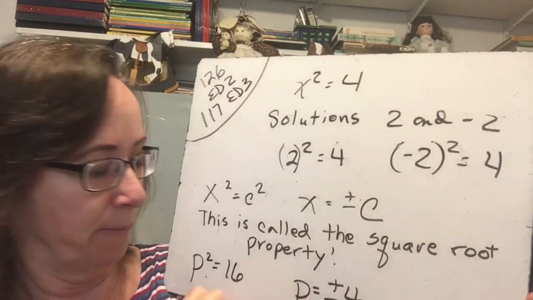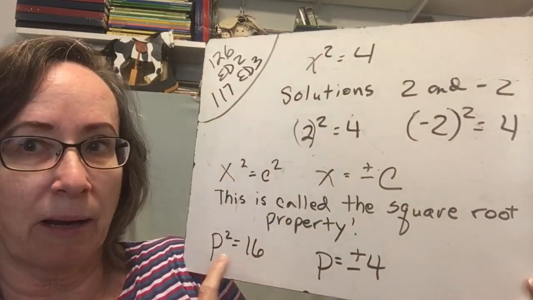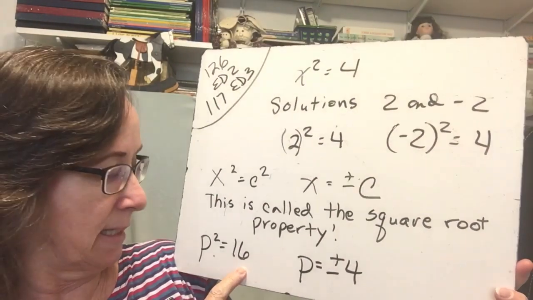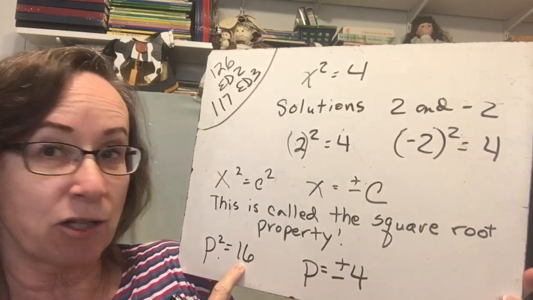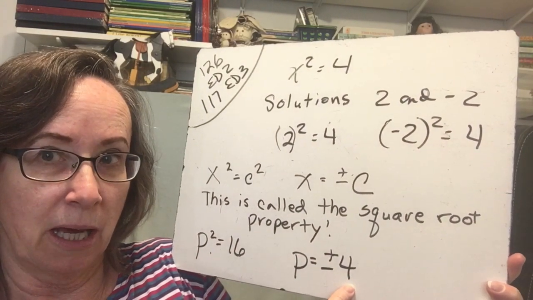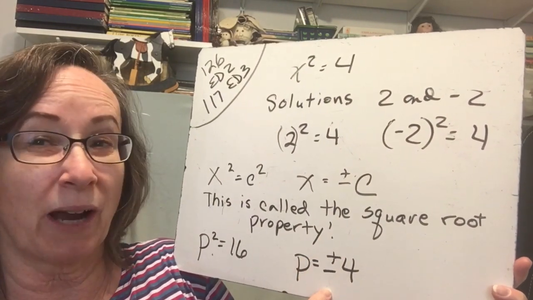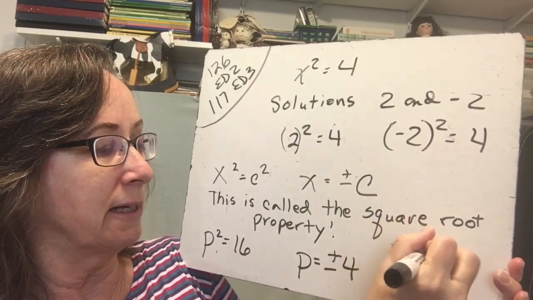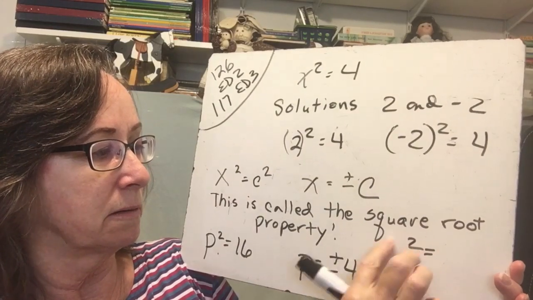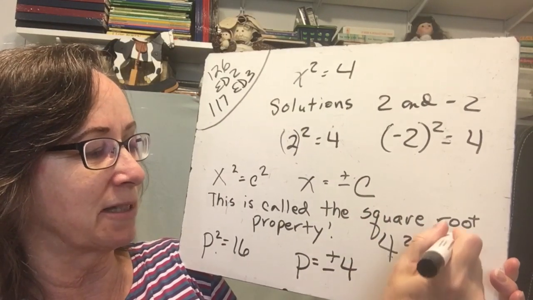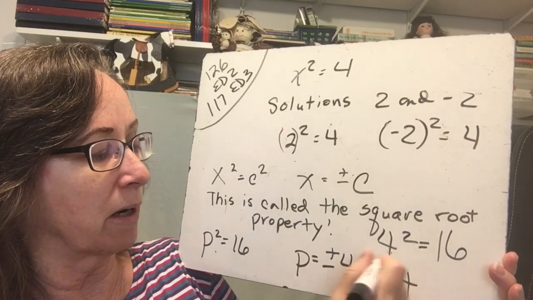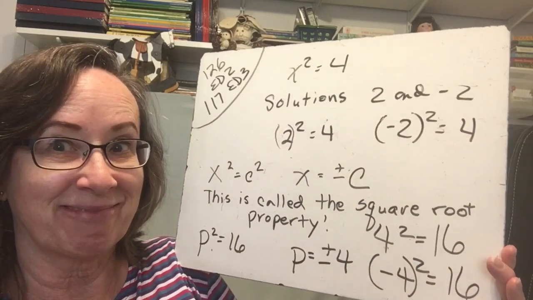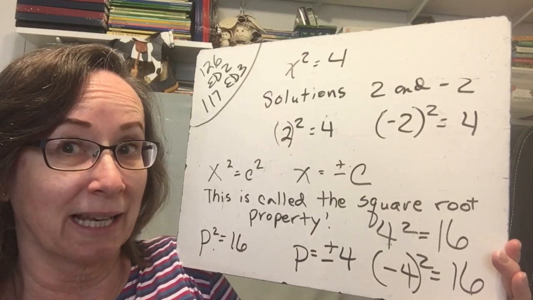So, example: if I said p squared is 16, then I take the square root of both sides and I get p, and the square root of 16 is 4. But I have to remember it's a plus 4 and a minus 4, because 4 squared does equal 16, and negative 4 squared also equals 16. That's the square root property, and it's really easy.